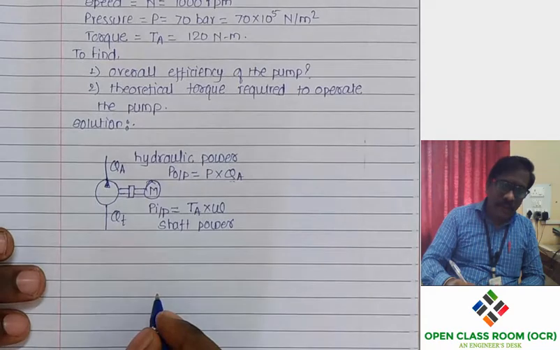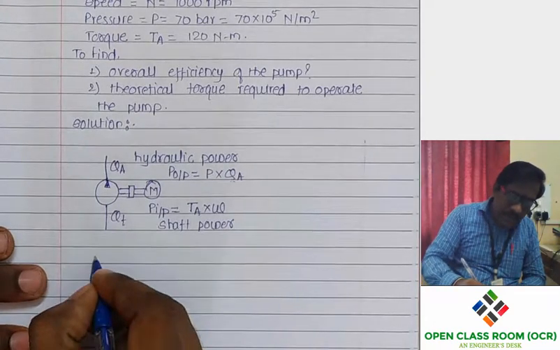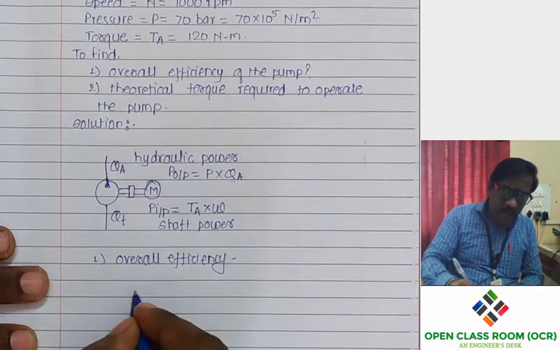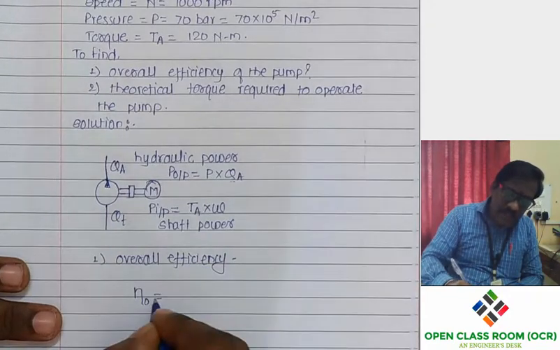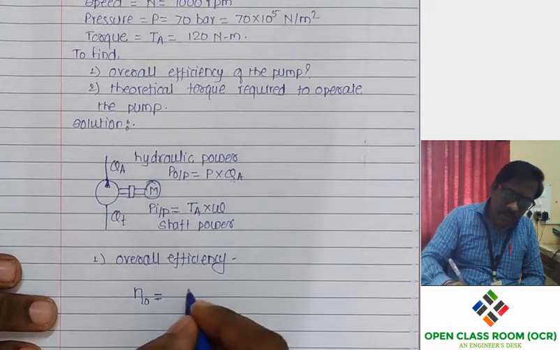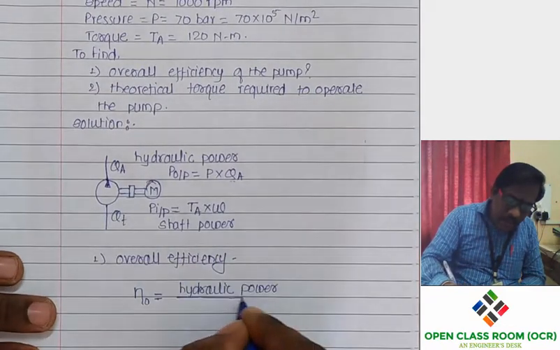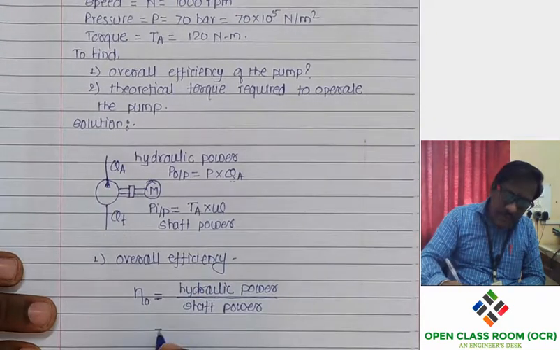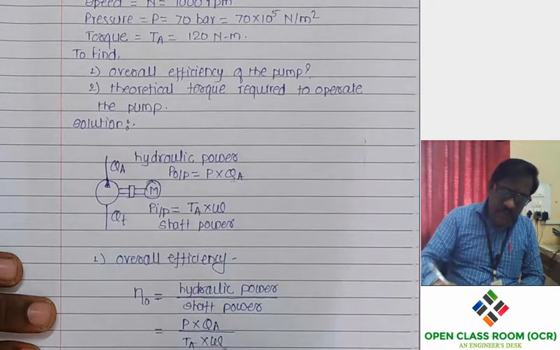Now, by understanding this figure, we will determine the first quantity, the overall efficiency of the pump. Overall efficiency is the ratio of output power to input power. The output power is the hydraulic power and the input power is the shaft power or brake power. The hydraulic power is P times QA, the actual discharge, upon TA times the angular velocity.